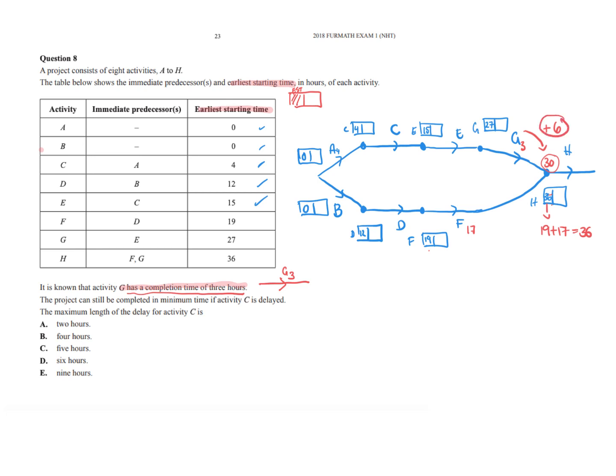So C can be delayed. So the maximum length of the delay of activity C is that C can be delayed by 6 hours. We can wait before that gets done, because G has 6 hours of wait.